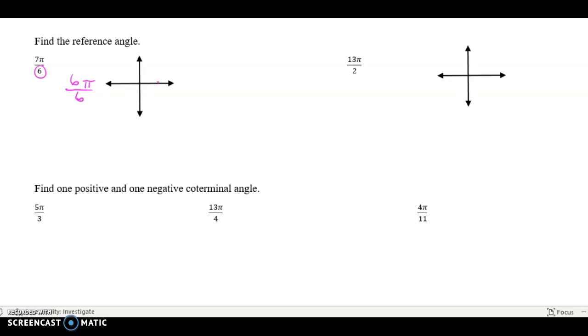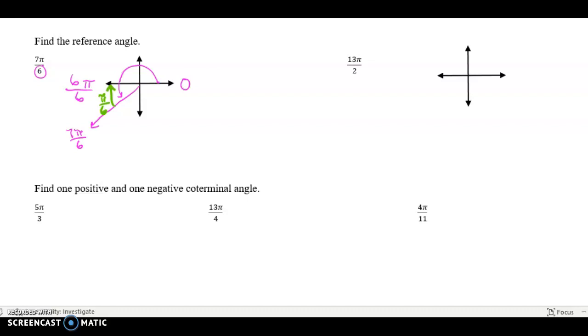So from my initial side, which is 0 radians, to 6 pi over 6 radians, and then we've got 7 pi over 6 radians. 7 pi over 6 has got to be just a little farther past 6 pi over 6. And my reference angle is the shortest distance back up. That would be 1 pi over 6. So my reference angle is pi over 6.